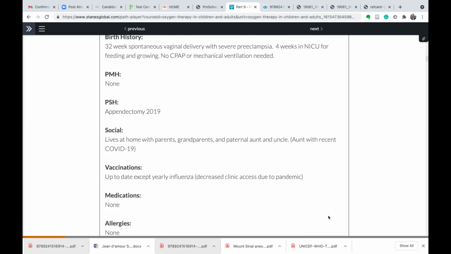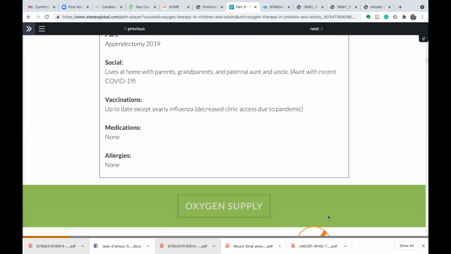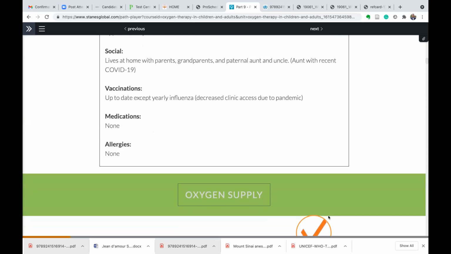He lives with parents, grandparents, and a paternal aunt and uncle. You remember that the aunt had COVID-19 3 weeks ago. Vaccination is up to date, except for influenza. So that's the case we have. Let us keep that in mind.